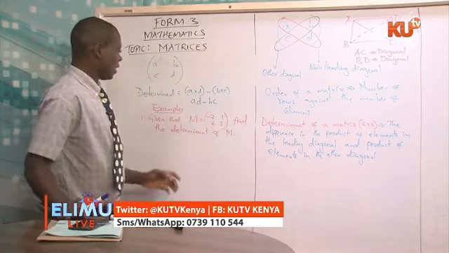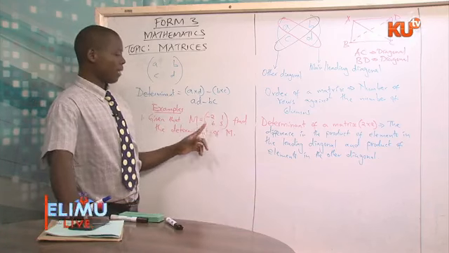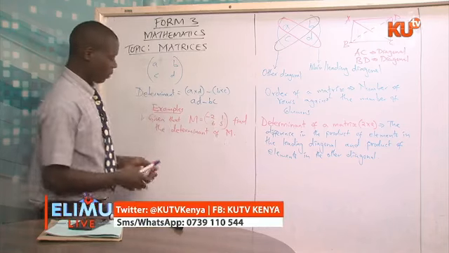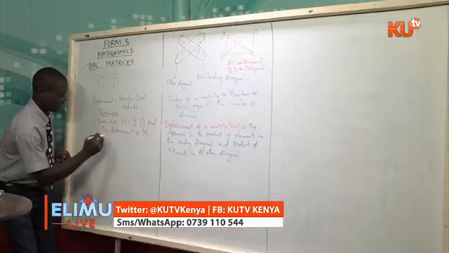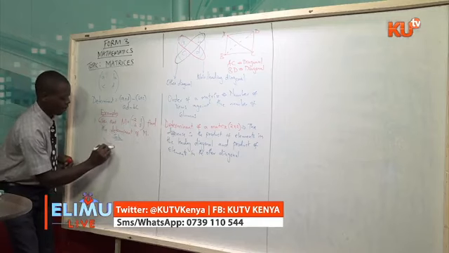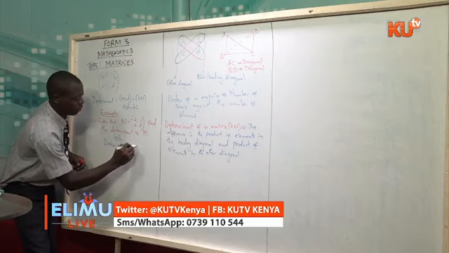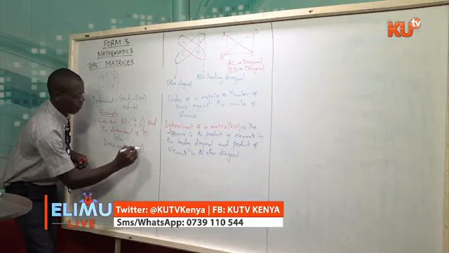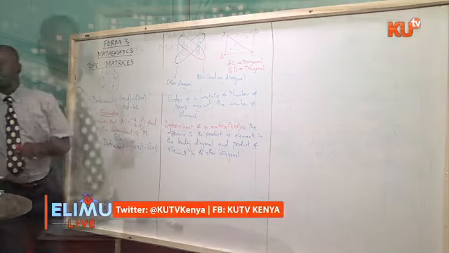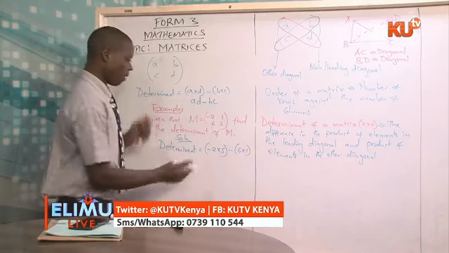From the explanation, students, how will we work it out? Yes, the elements in the leading diagonal are negative 2 and 5. The other diagonal has 1 and 6. Therefore, our determinant will be negative 2 times 5 minus 6 times 1.